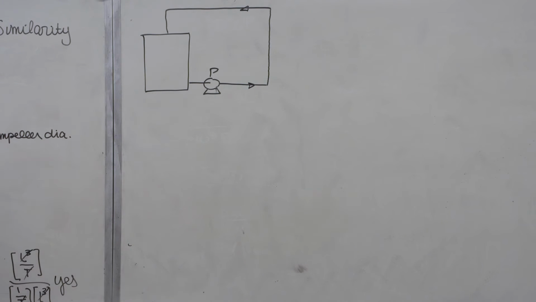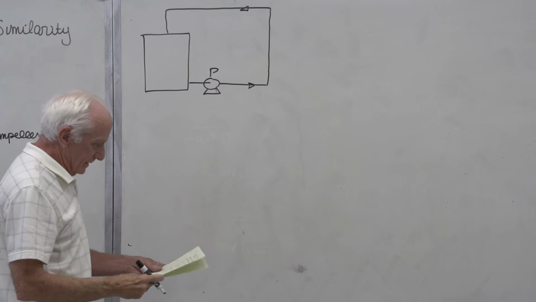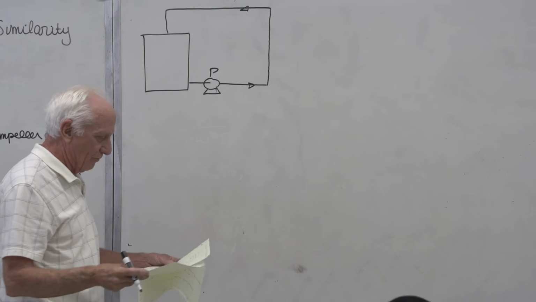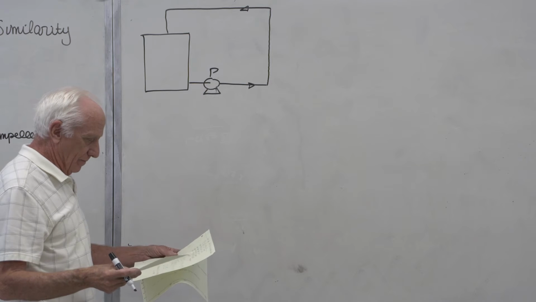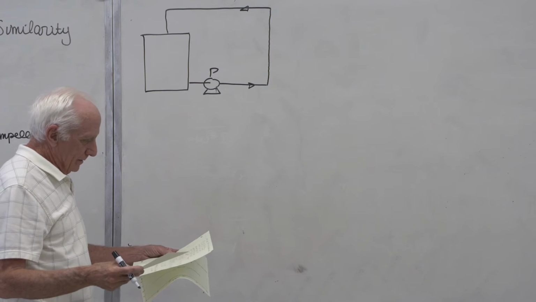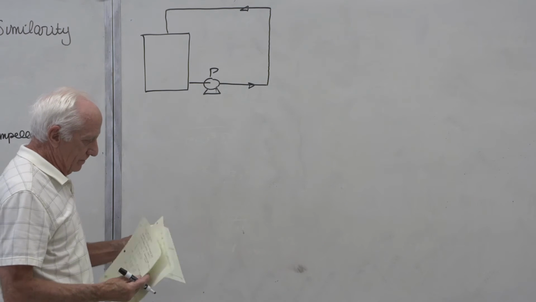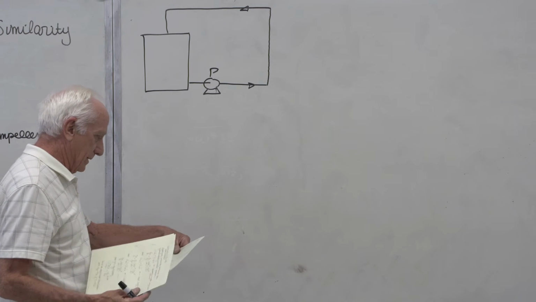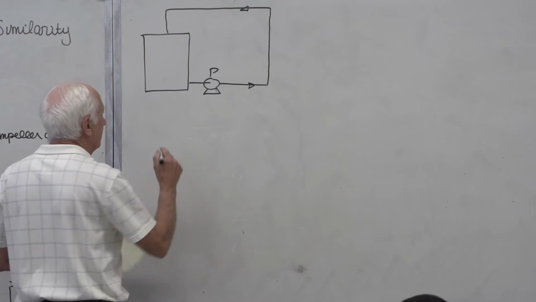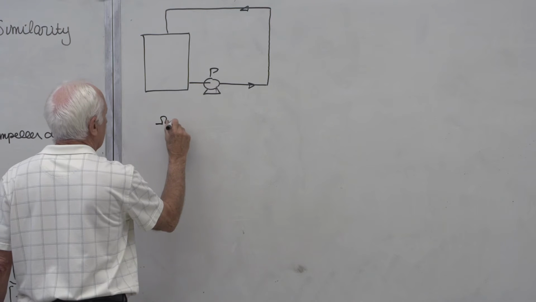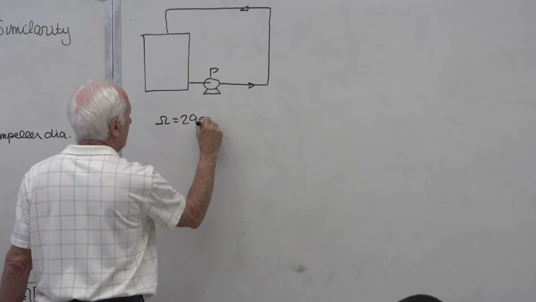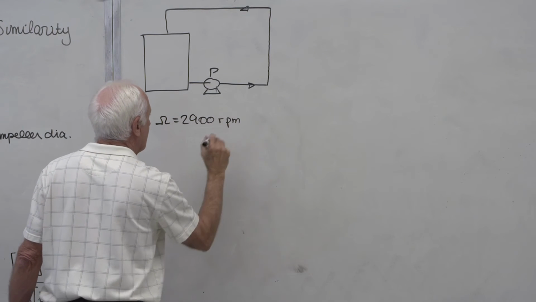Let's say you run it at one speed. The speed I chose, kind of randomly, let's see, I think I want to run it at 2900 first. So omega is 2900 RPM.